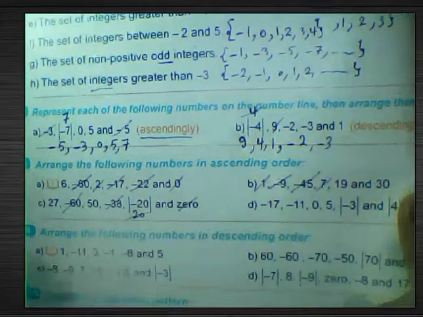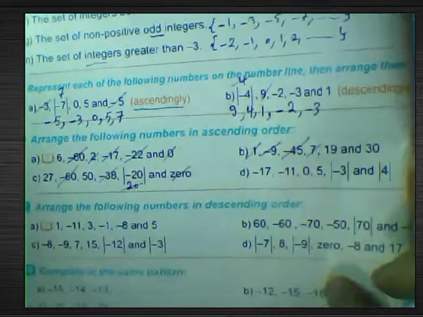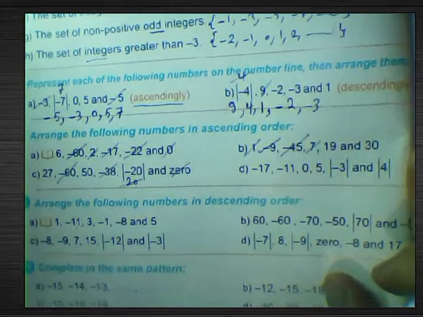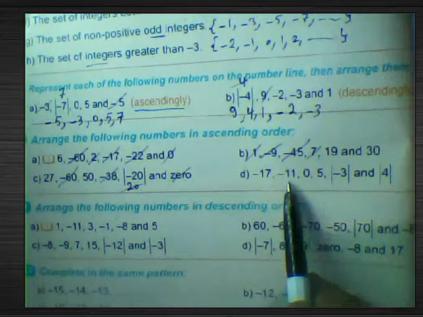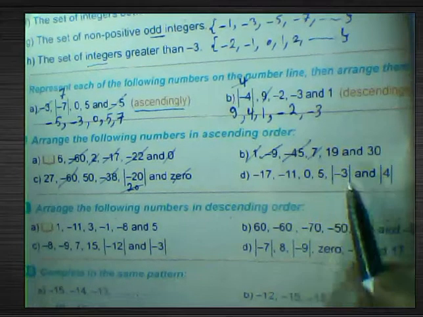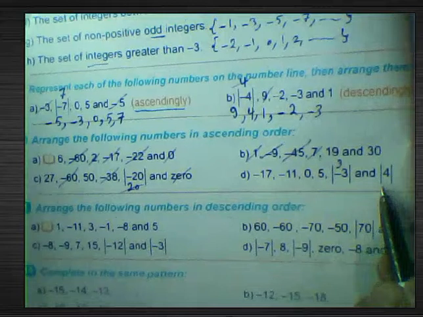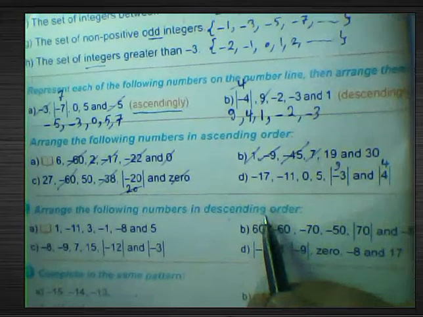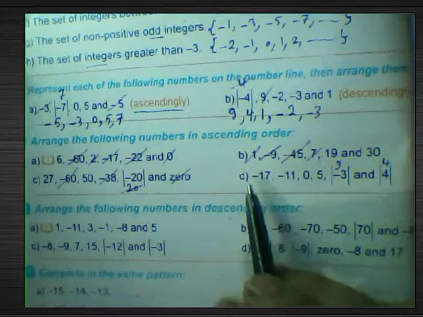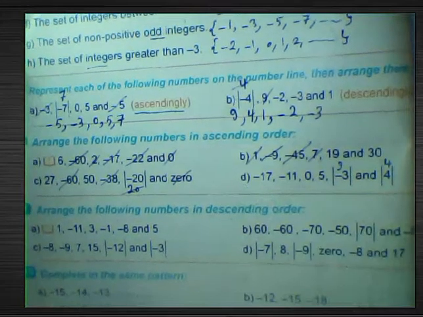Question D, negative 17, negative 11, 0, 5, the absolute value of negative 3 equals 3, the absolute value of 4 equals 4. So we can arrange ascending from smallest to greatest.